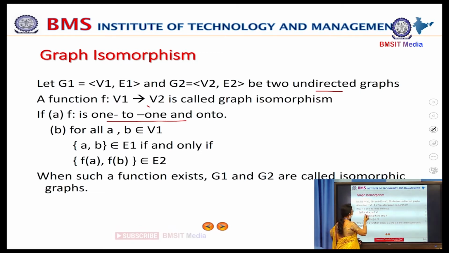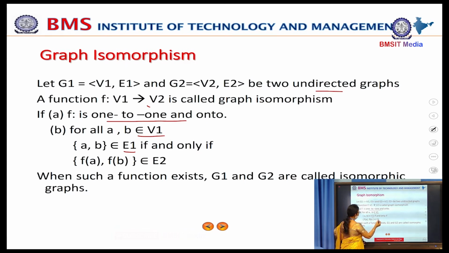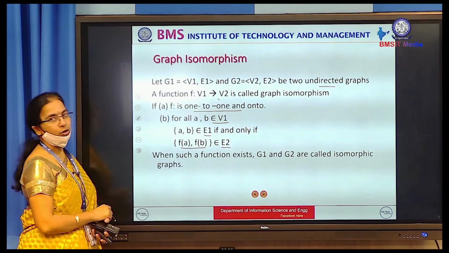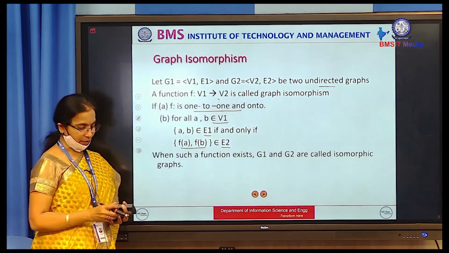And the second one: for all a, b belonging to the vertex set V1, (a, b) belongs to the edge set E1 if and only if (f(a), f(b)) belongs to E2. This (f(a), f(b)) is the edge that belongs to E2. When such a function exists, G1 and G2 are called isomorphic graphs.